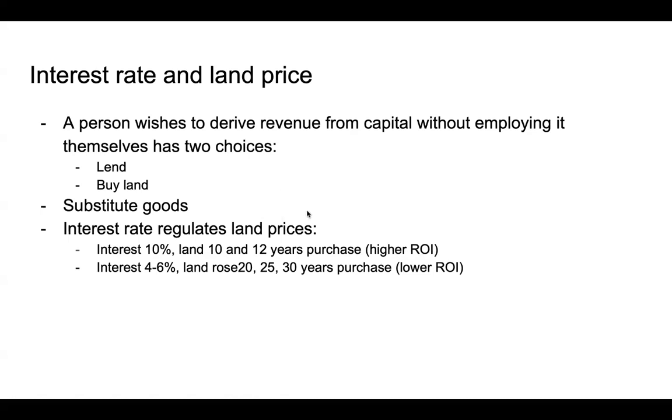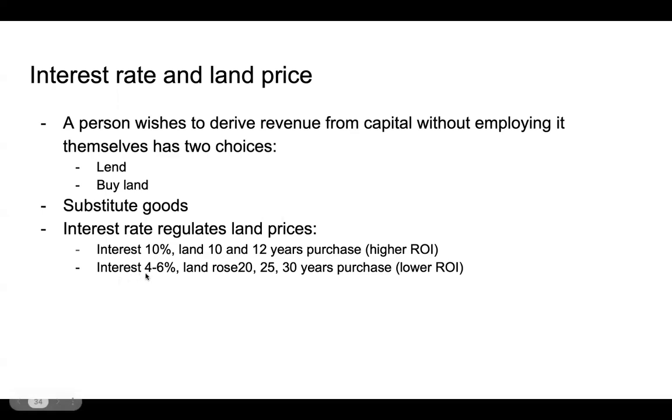You only pay 10 or 12 years of rent to get this piece of land, and then you can keep taking rent forever, so the return on investment is relatively high. Why is that? Because the interest rate is higher, so land would have to offer a high return to be a good alternative to lending.